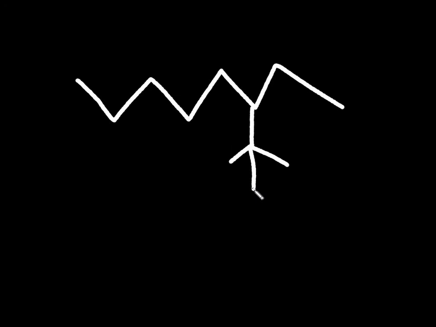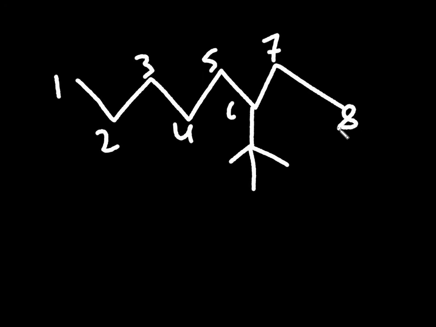And another thing too, I guess this is where priority can kind of come through. If you're unsure about which side to start at, start at the side where the substituent is closest. So you wouldn't want to count this way. You would want to count it this way in the red. 1, 2, 3, 4, 5, 6, 7, 8.